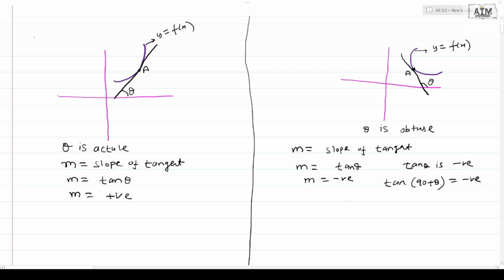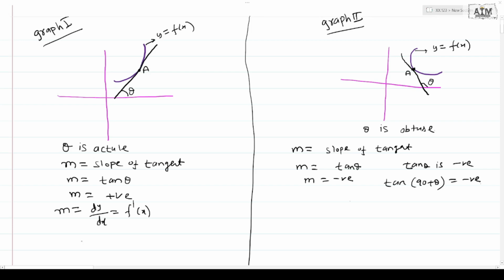To avoid confusion, let us call it graph 1 and graph 2. In graph 1, we got the slope of the tangent positive, and in graph 2, the slope of the tangent is negative. We know that the slope of the tangent is also given by m equals to dy by dx. It can also be written as f dash x.